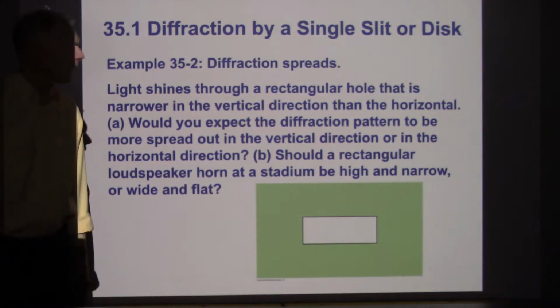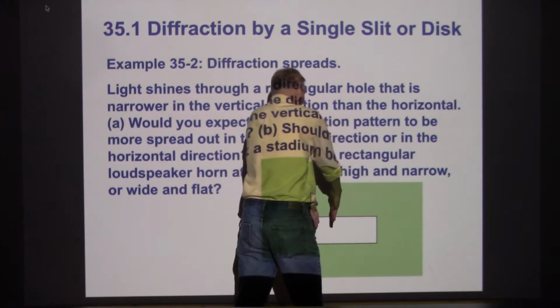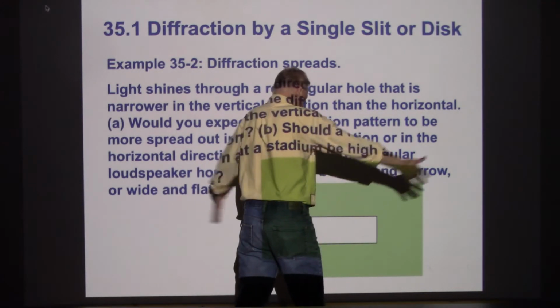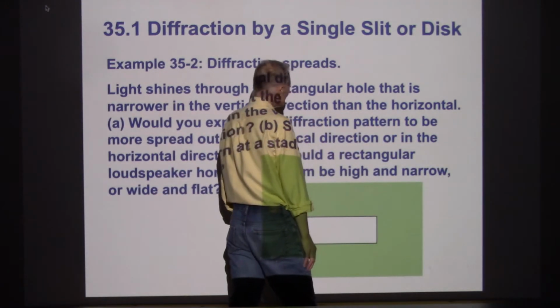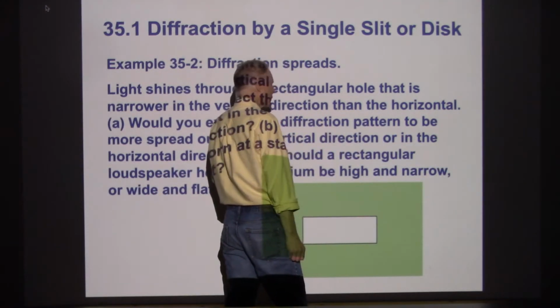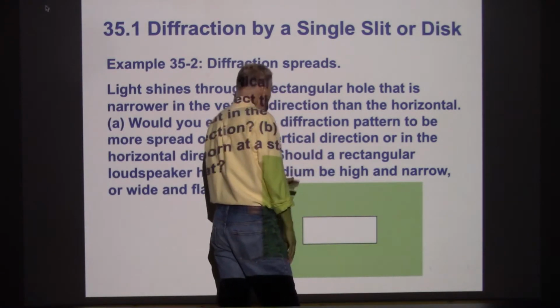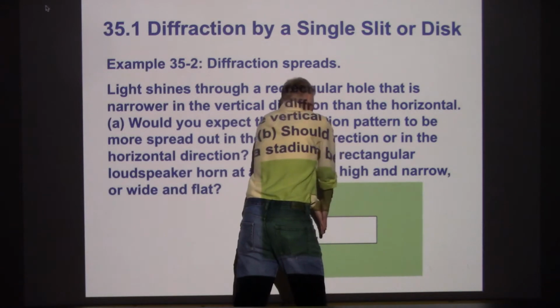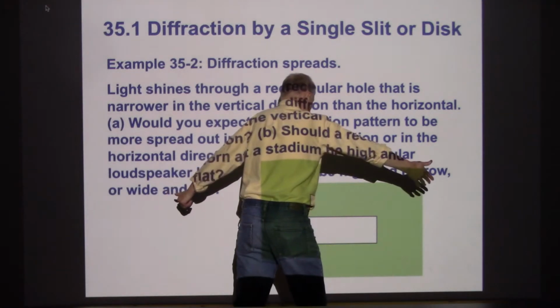And if it's a diffraction effect, what we would want to do is make it narrow so that it spreads out more, right? Maybe I'm getting the vertical and horizontal confused, but if we make the opening more narrow horizontally, then we should get more spread horizontally.